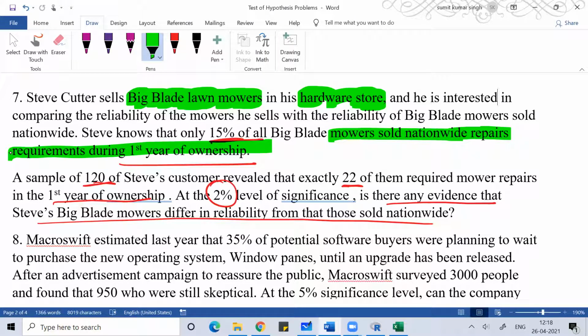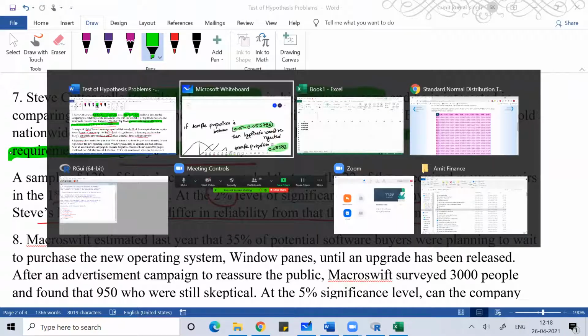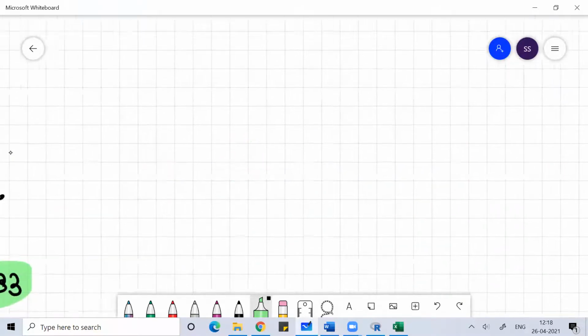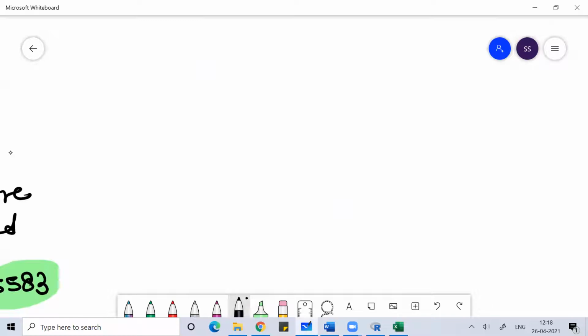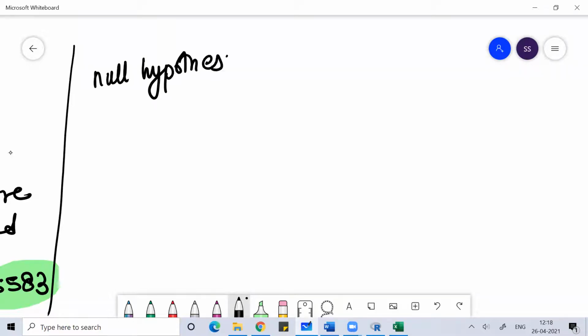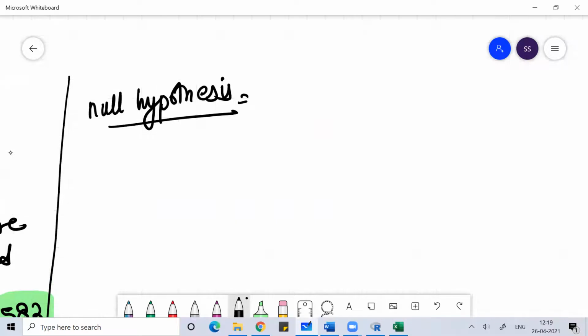On that basis, he is checking how much the mowers he sells in the market are up to the mark.